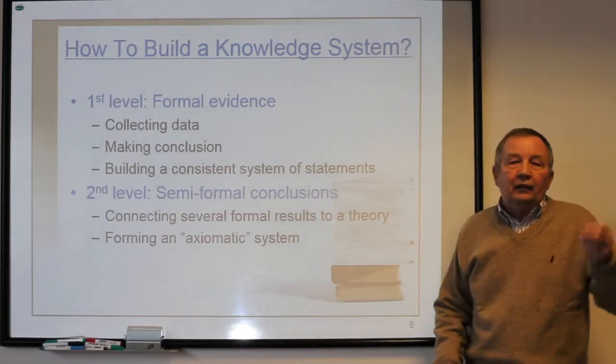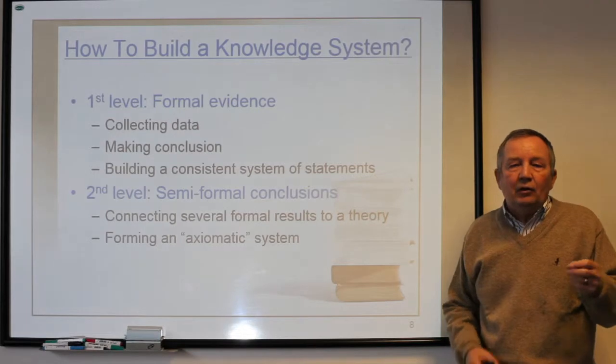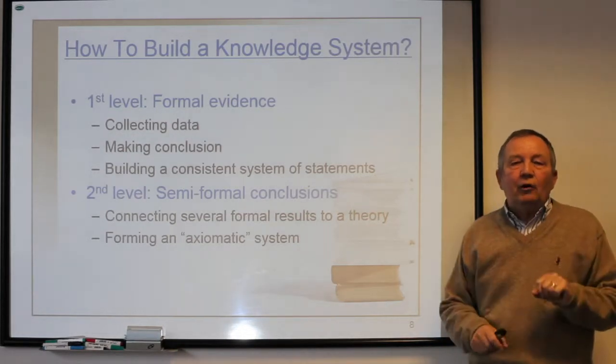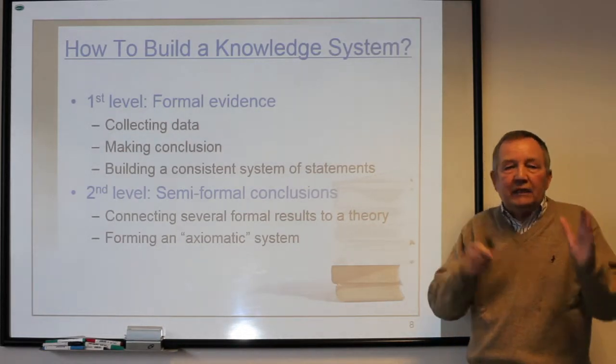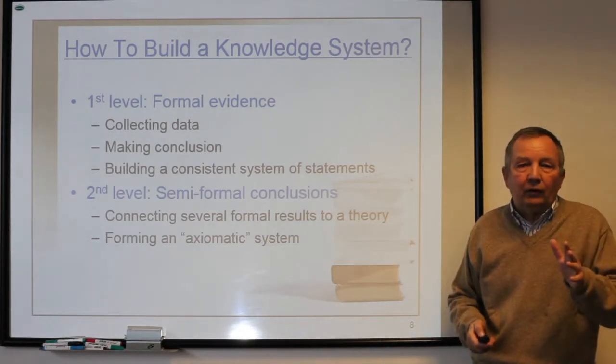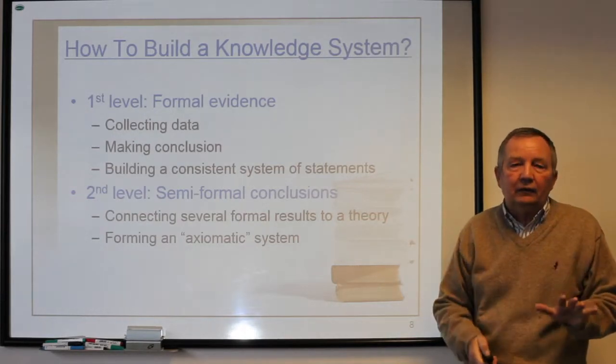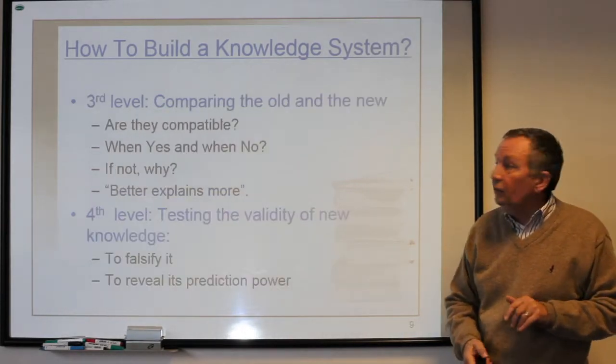And then we can create something called an axiomatic system, which means a system of ideas which seems to be correct. It doesn't mean that they are correct, but the facts fit together and create something new.